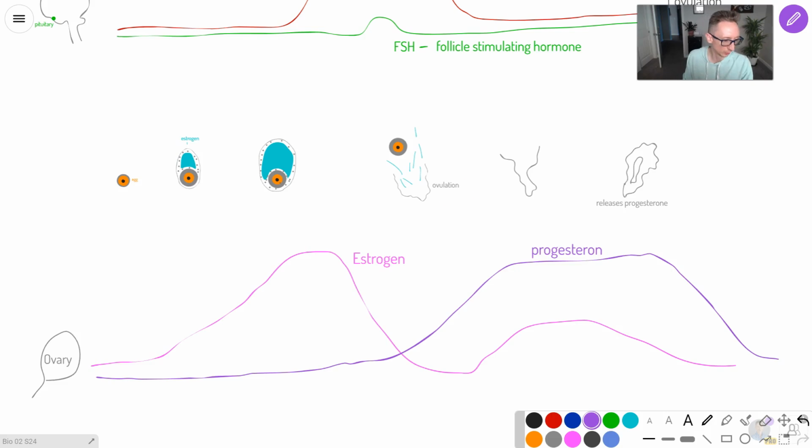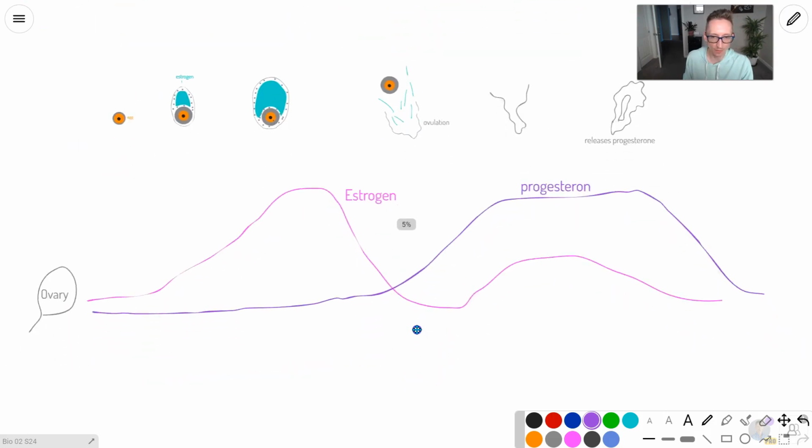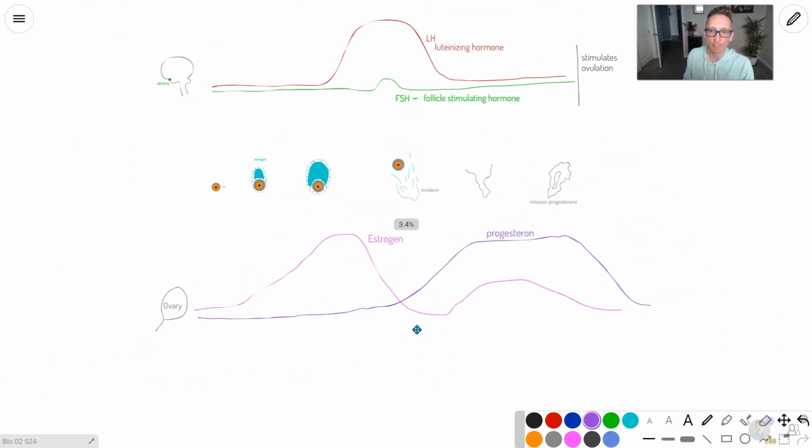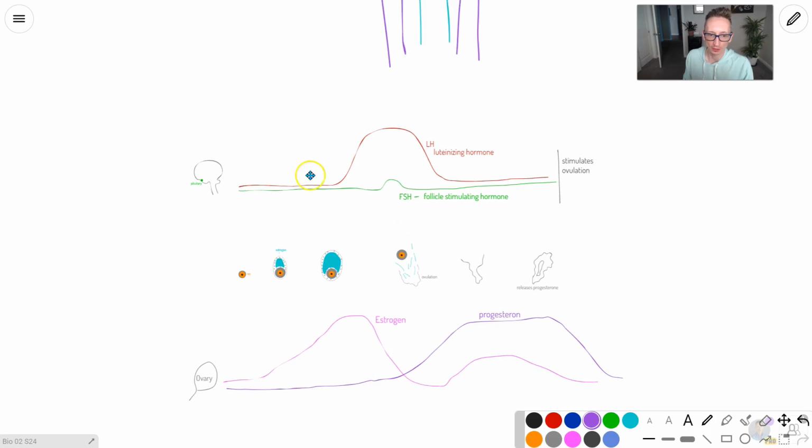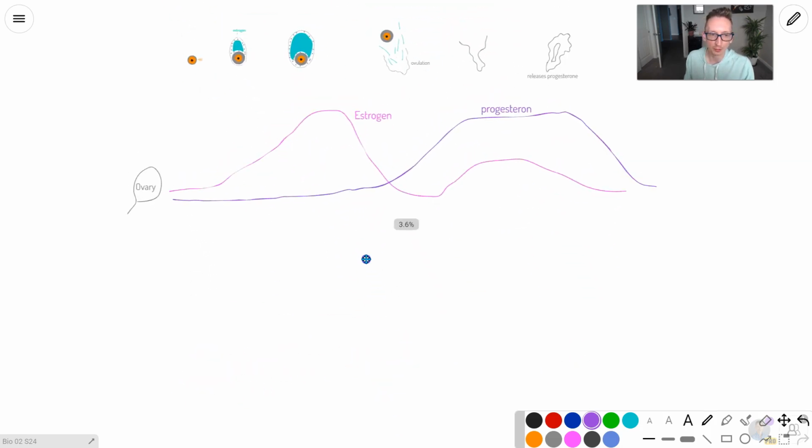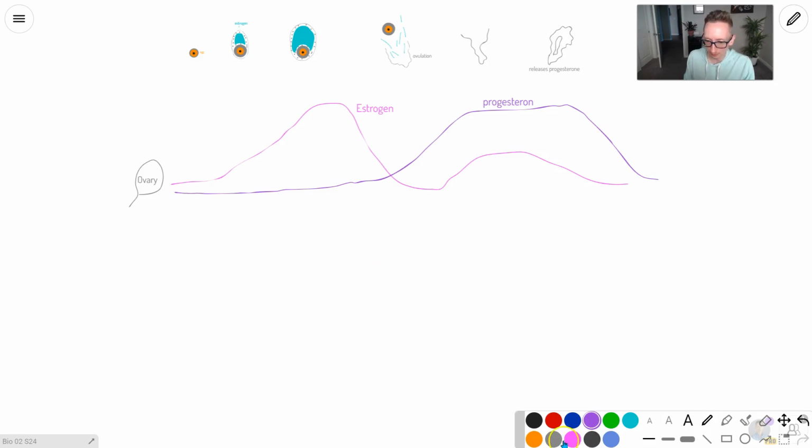Pretty simple, pretty straightforward. All right. Now let's talk about what's happening. So that's what's happening in the brain, what's happening with the oocyte, what's happening with the hormone levels in the ovary. Now let's talk about what's happening with the endometrium. So if we're talking about the uterus, I'll just draw a simple uterus here.